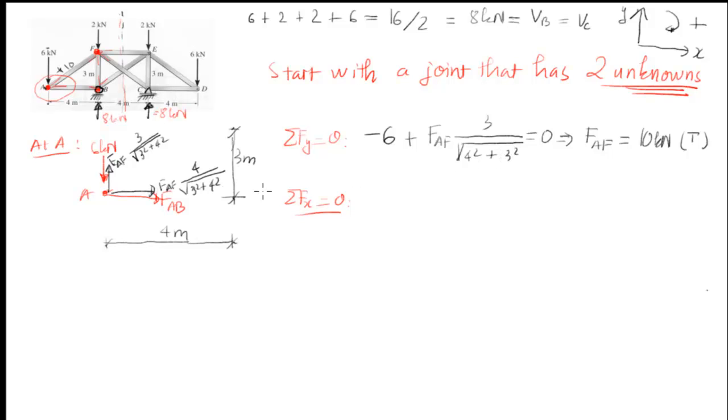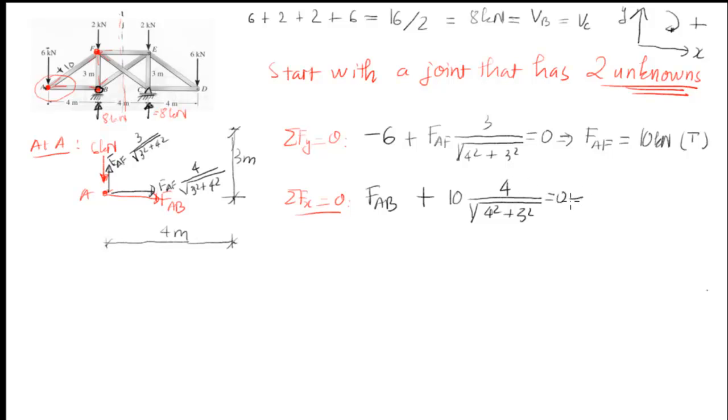Similarly, once you've got 10 for FAF, you put 10 in here, so only one unknown is left, and we can find FAB by taking sigma Fx. Sigma Fx equals FAB positive, so FAB plus 10 times 4 over square root of 4 square plus 3 square, equal to 0.